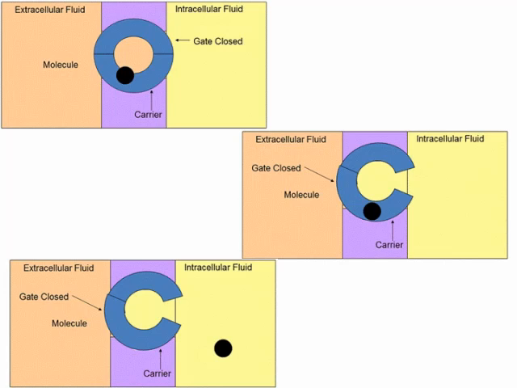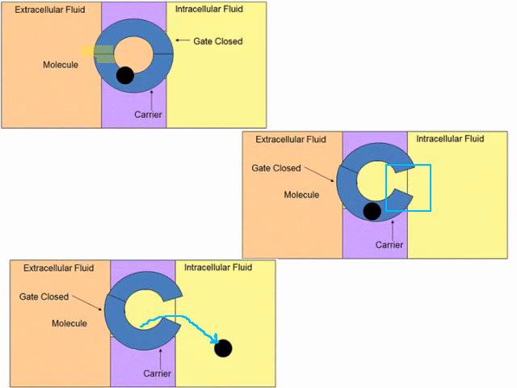And here you can see the gate is closed. And what ends up happening is the gate will open right there. Once that gate is open, then that carrier protein will go ahead and release the molecule in.